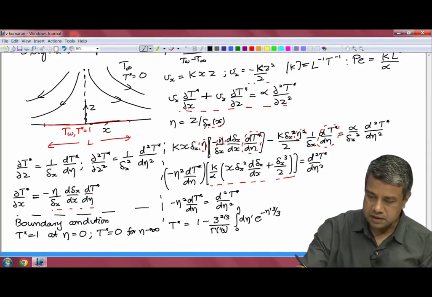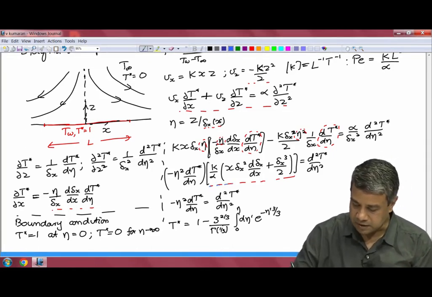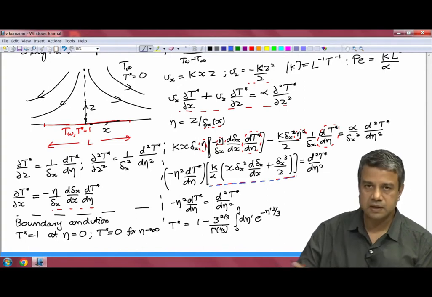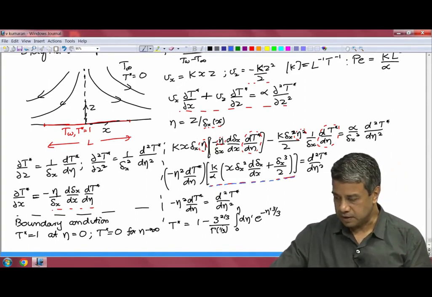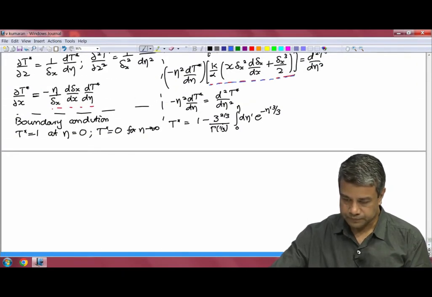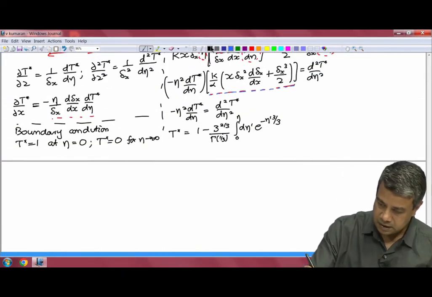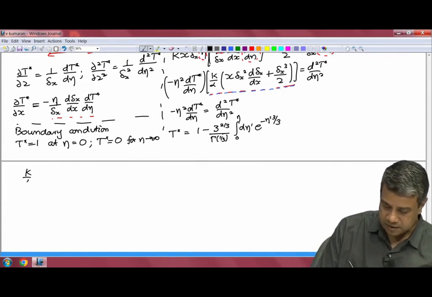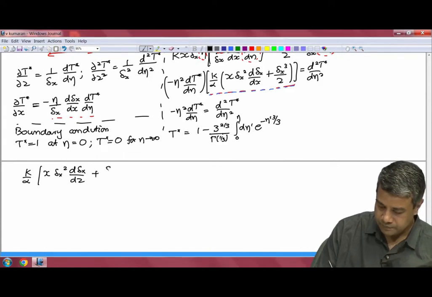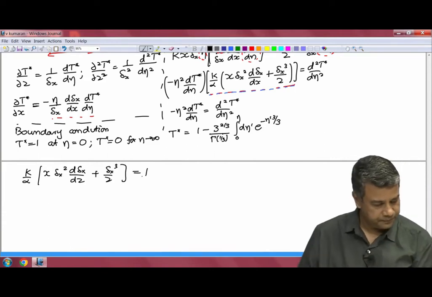What changes is the dependence of the boundary layer thickness on the streamwise coordinate, which in this case is the x coordinate. And that has to be determined from the differential equation, k by alpha into x delta x square, this is equal to 1.